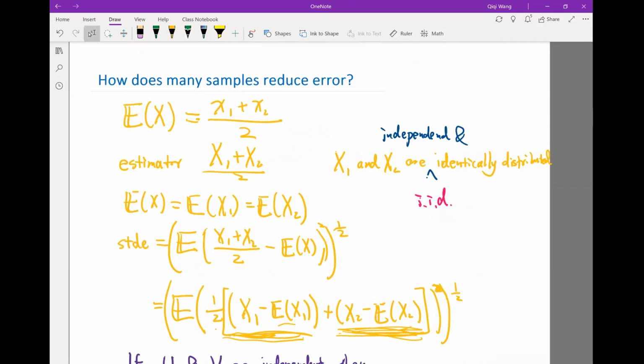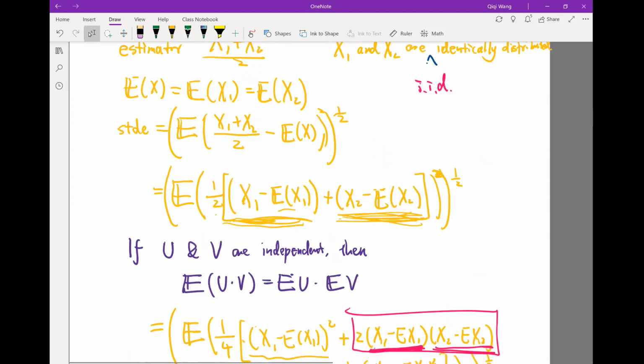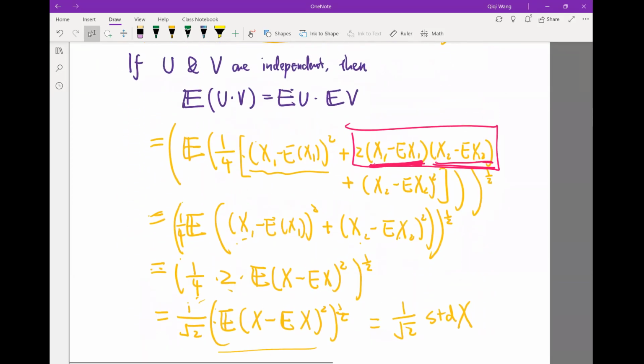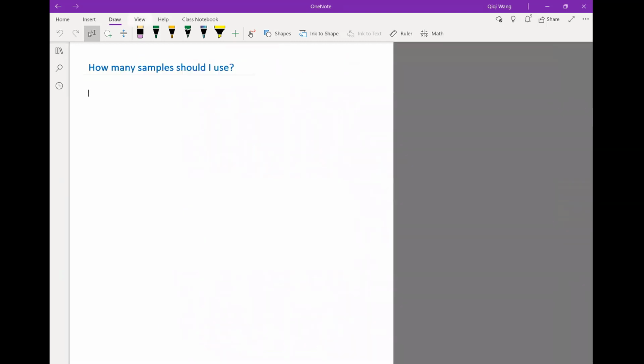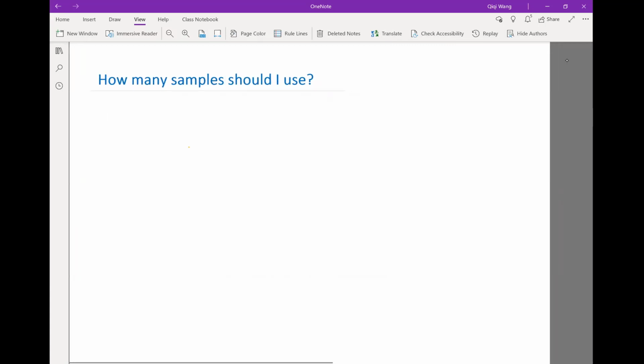This analysis can be continued with however many samples you want, right? If I use 3 samples, the standard error is going to be reduced by square root of 3. If I use 100 samples, the standard error is going to be reduced by a factor of square root of 100, which is 10. So this leads to the following formula.